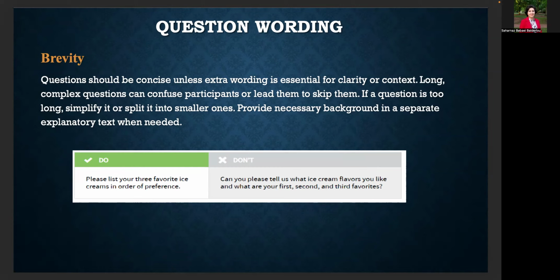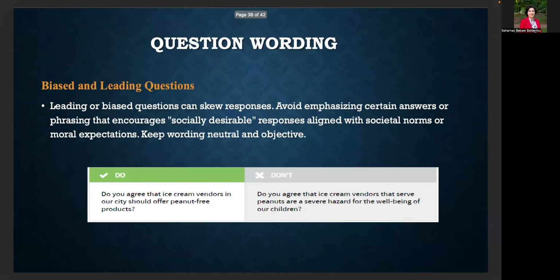Long, complex questions discourage participants and increase misunderstanding. Split the long questions into smaller ones if needed. Avoid leading questions or emotionally charged wording. Your goal is neutrality, neutrality, neutrality, so respondents answer honestly and without influence.